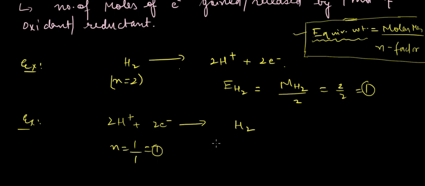Or you can also combine the weight of 2 moles of hydrogen, so the molar mass would be 2, and the number of moles of electrons gained by 2 moles of H+ would again be 2, so that would be 1. Okay, so with this we'll end this lecture.